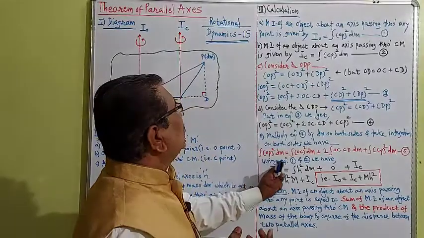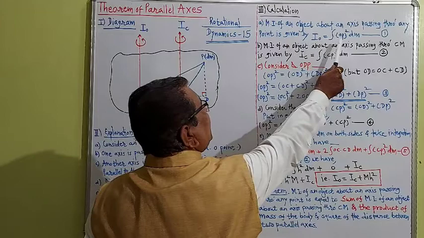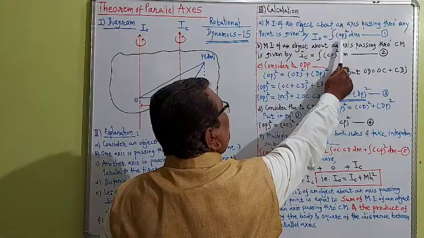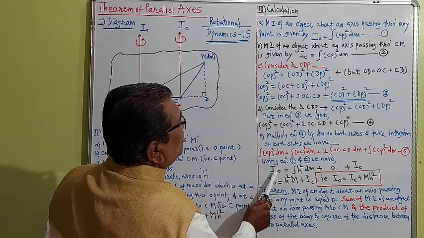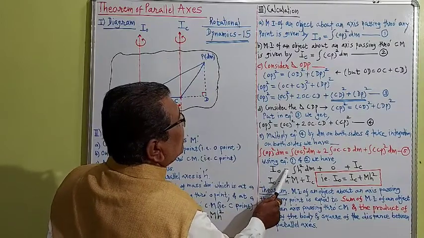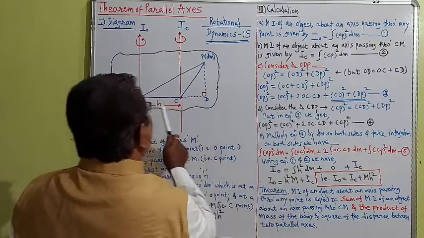Then here I have written using equation 1 and 2. What is equation 1? IO is equal to integration of OP square into dm. So integration of OP square into dm is equal to IO. What is OC square? See the diagram.